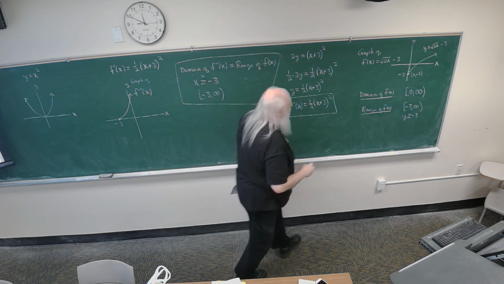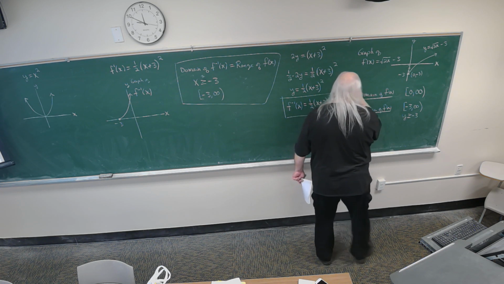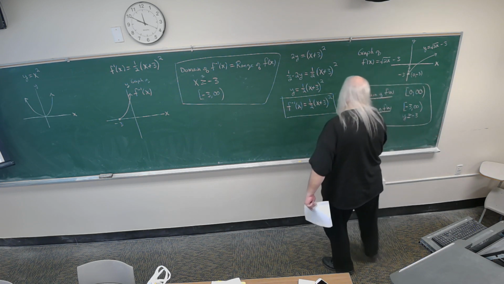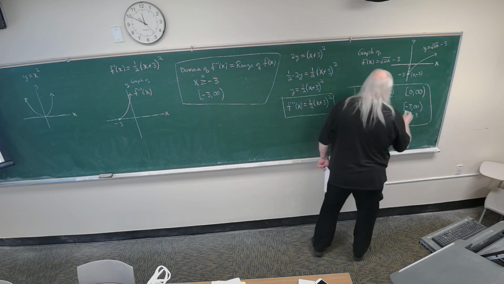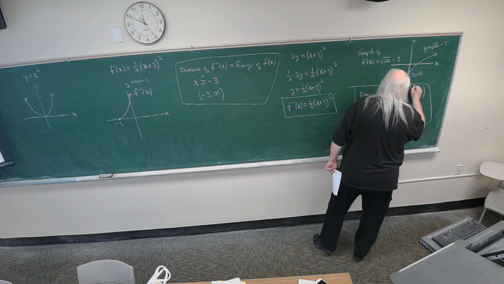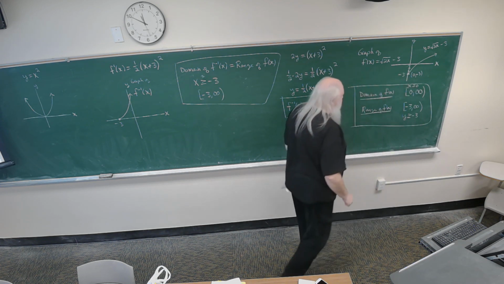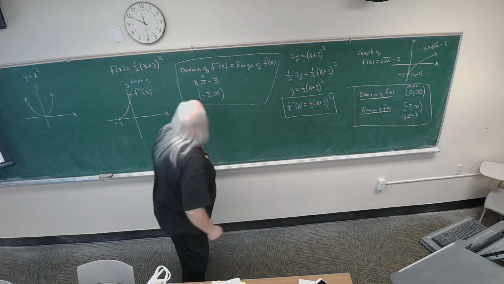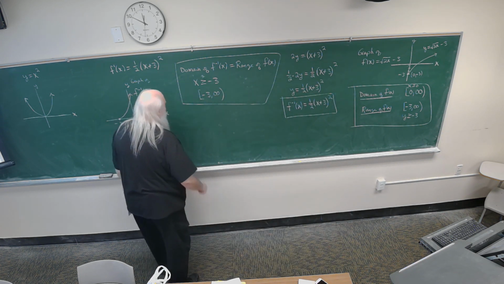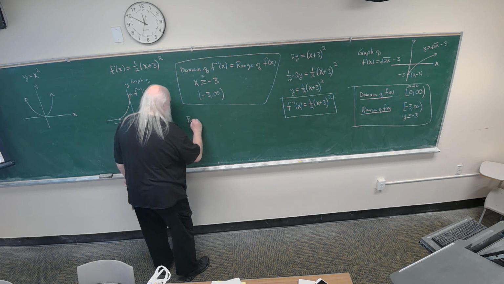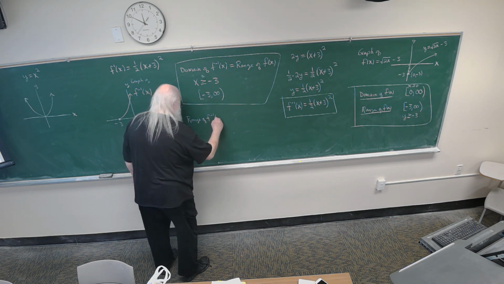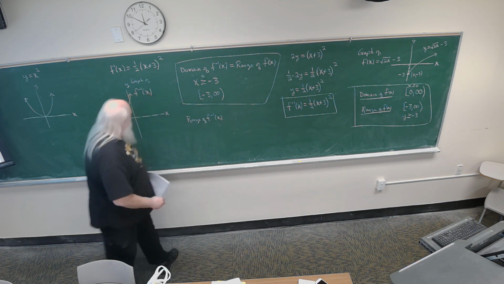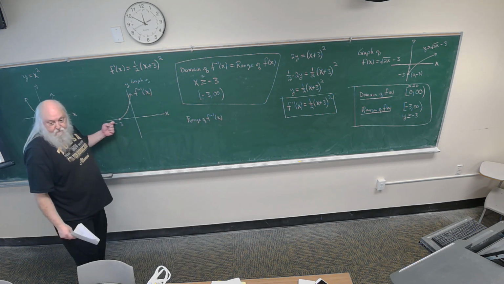So we found the domain and range of f of x based on what we knew about the square root function. The domain of f of x, this is for x, is x greater than or equal to 0. Then the range of f inverse of x you can get from the graph.